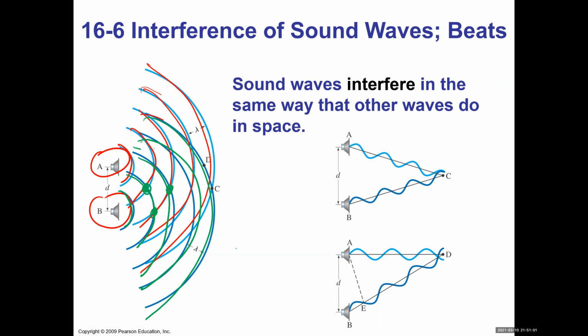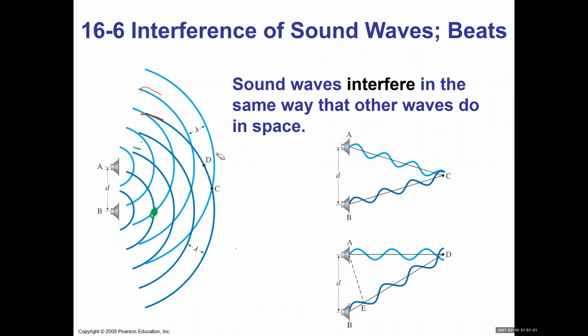So right here, you can see, right, this is speaker B at a crest of speaker B, but this is between the crests of speaker A. And that actually is a destructive interference. So you have constructive, you have destructive, depending on which part of the shape you're talking about.